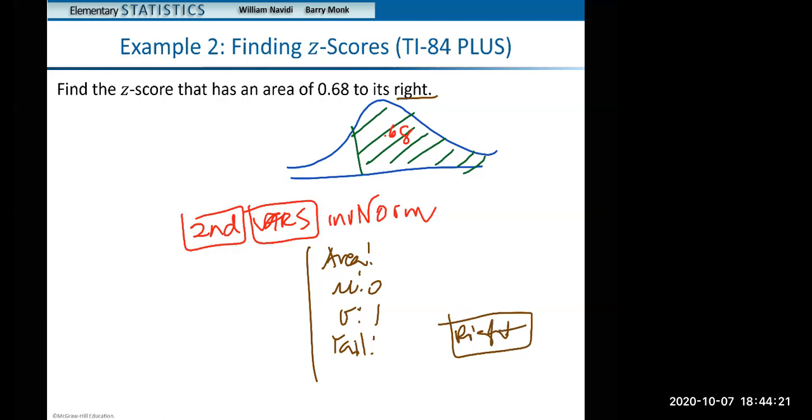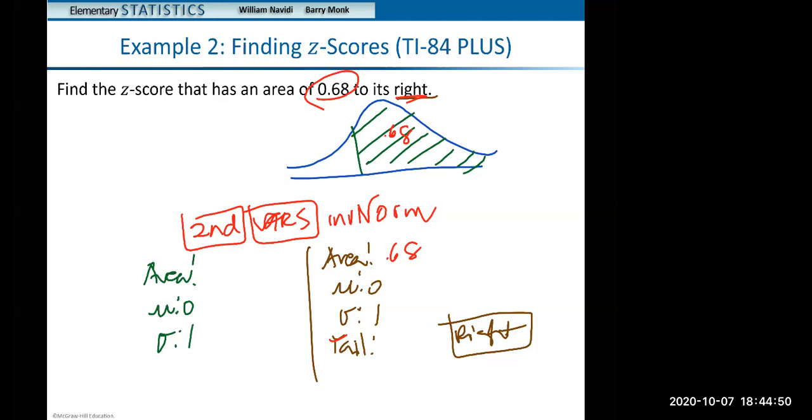And you just have to enter whatever is the given, 0.68. Okay? For those with a tail, whatever the given area, you just have to enter that and you highlight to its right. If you don't have a tail, yours is different.